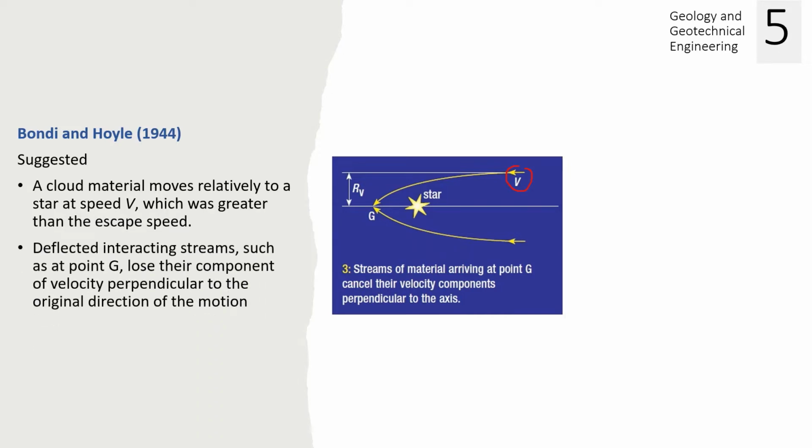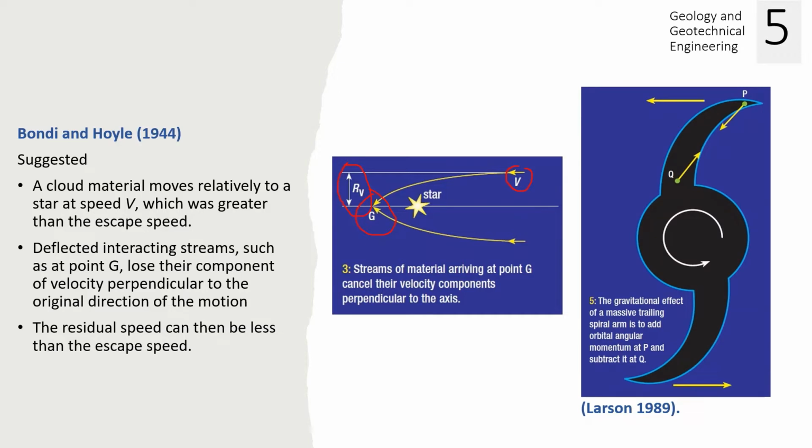They suggested that the deflected interacting streams, such as at point G shown in this image, lose their component of velocity perpendicular to the original direction of the stream. This means that the residual speed can then be less than the escape speed.